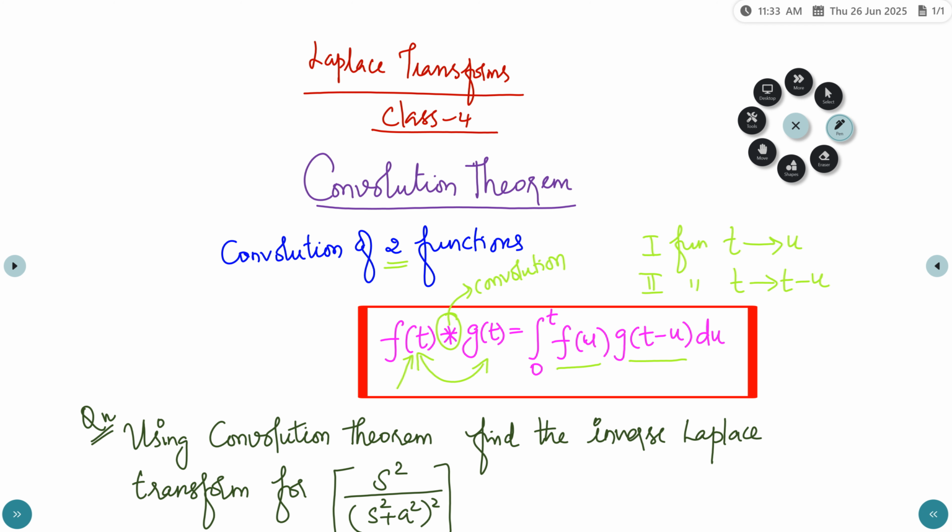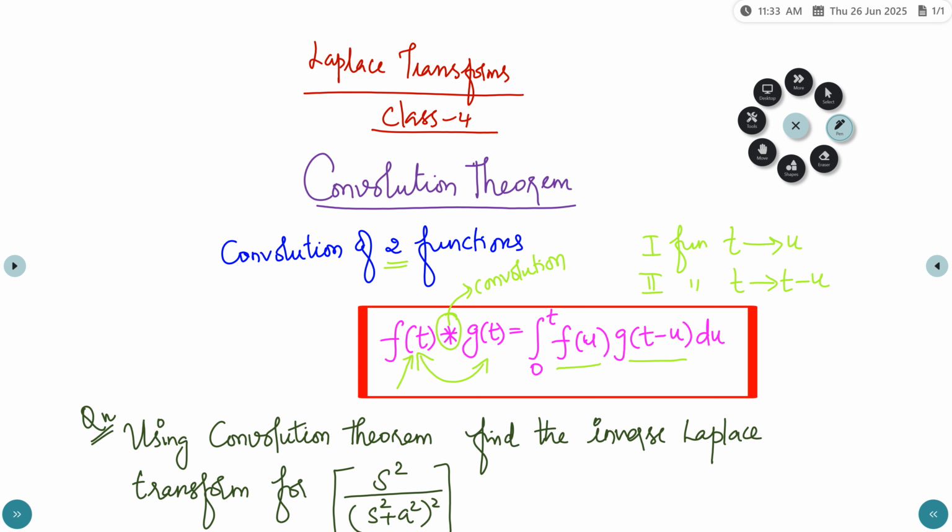Then we take the integration within the limits 0 to t, with respect to u. This is known as convolution. The convolution of two functions is defined as the integral from 0 to t of f of u g of t minus u du. So this is the basic definition of convolution.